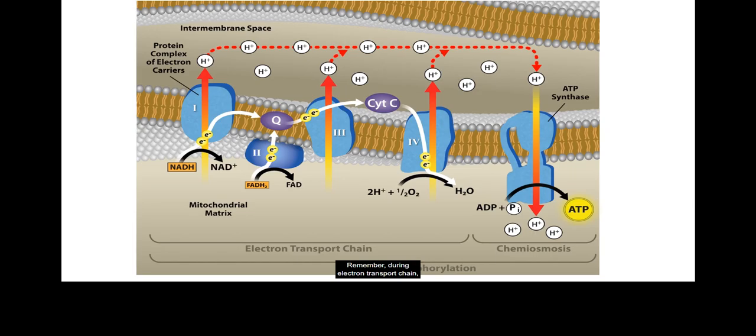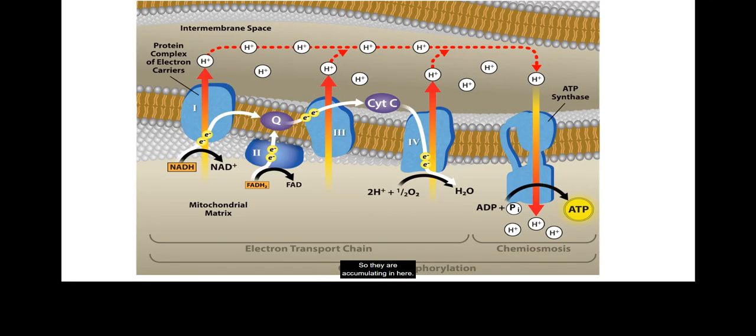Remember, during the electron transport chain, electron transporters, these proteins, will be transporting electrons from NADH in the end to oxygen and converting it to water. At the same time, they will be pumping hydrogen ions to the opposite side, into the intermembrane space.